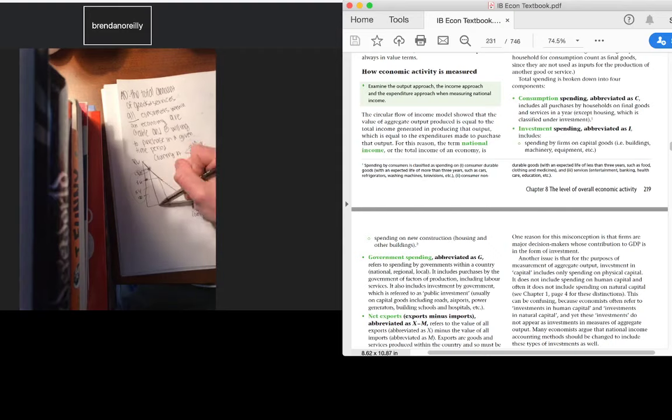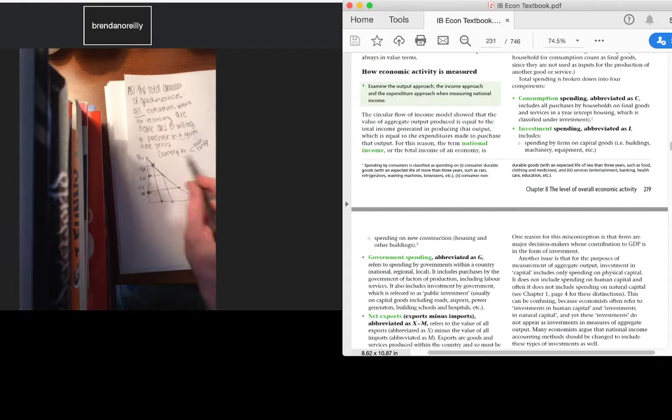Now at the lowest price level, $2, that's when you really see that in country A, consumers are willing and able to buy more. So that's why the demand curve is downward sloping, because as price level decreases, consumers are willing and able to buy more of a certain product or every product within an economy.